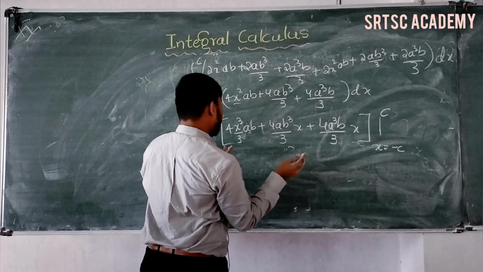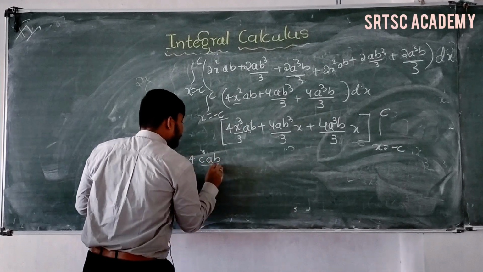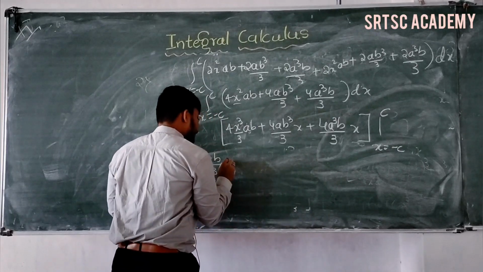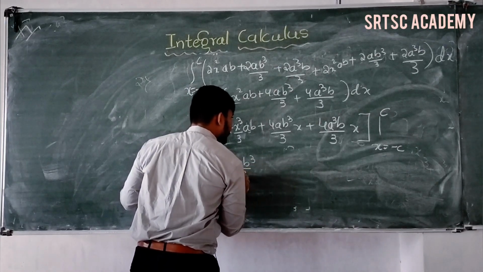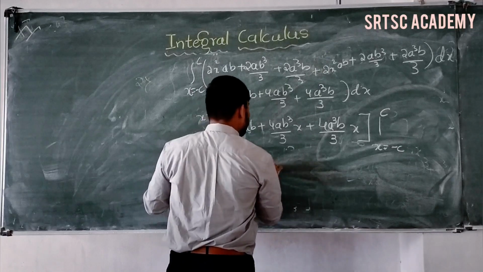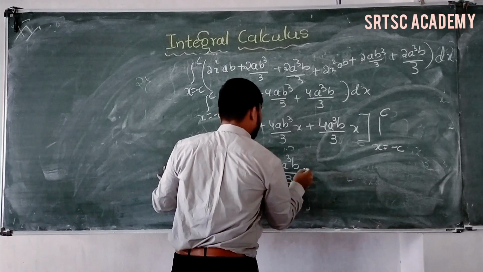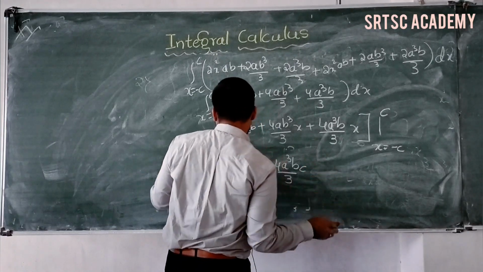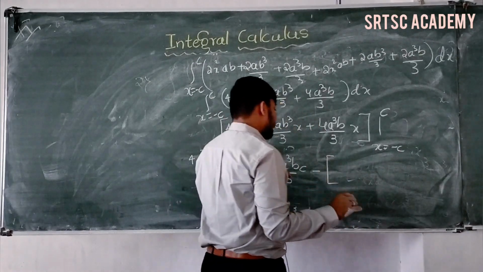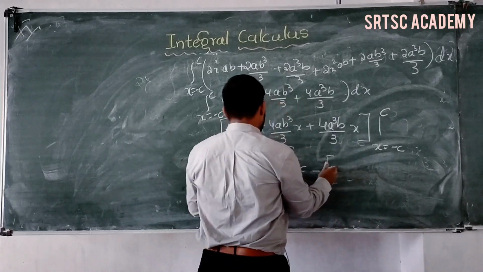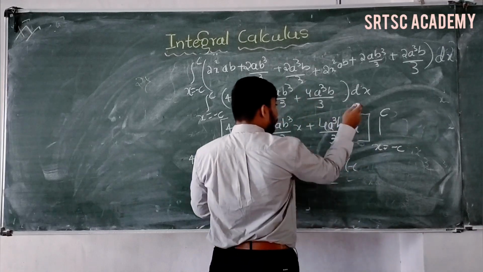4x³, upper limit is what? c. So that is c³ab divided by 3, right? Plus 4ab³ divided by 3 into x upper limit, right? Plus 4a³b/3 into upper limit, which is c, right? Next, minus of, apply the lower limit now.